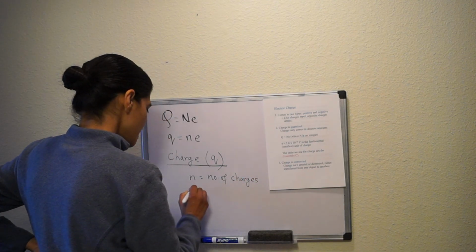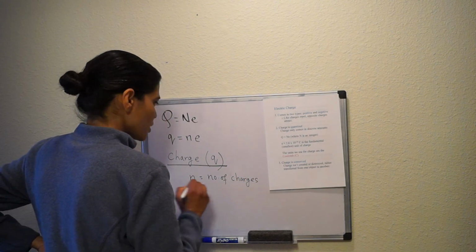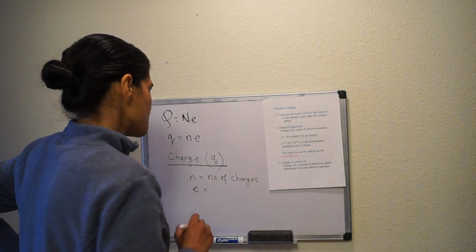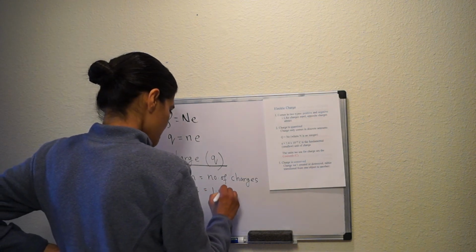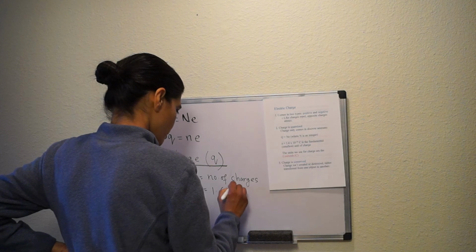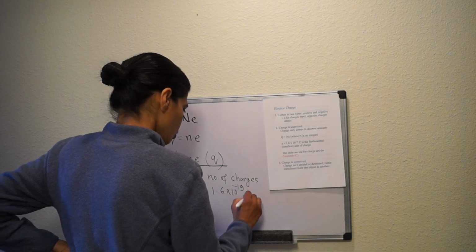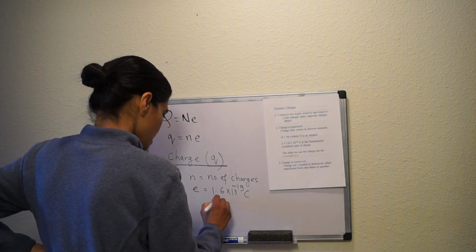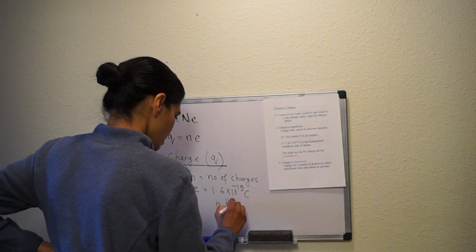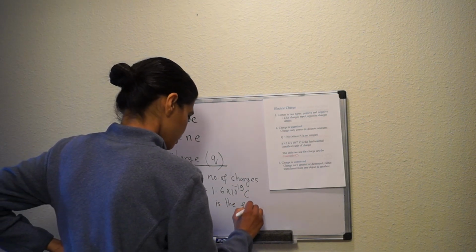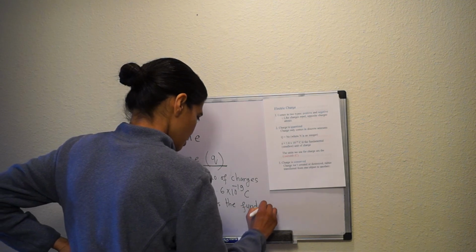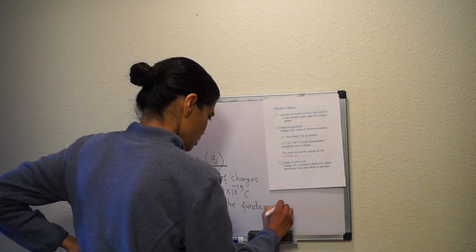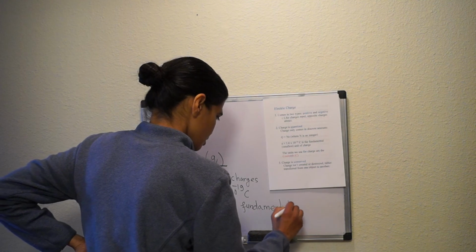E is called the elementary charge, and it is given as 1.6 times 10 to the power minus 19 coulomb, and this is the fundamental charge.